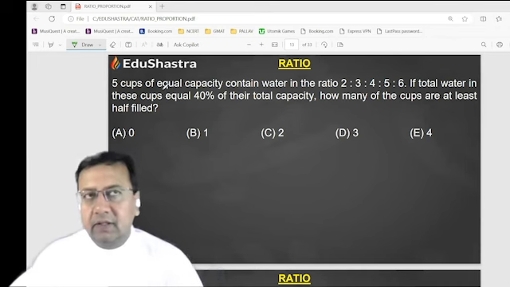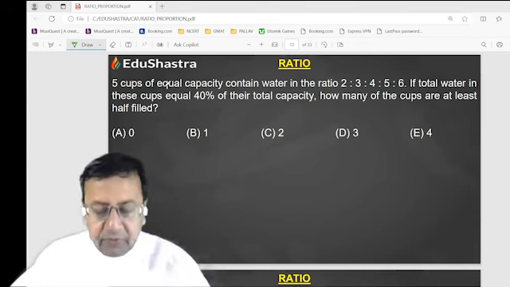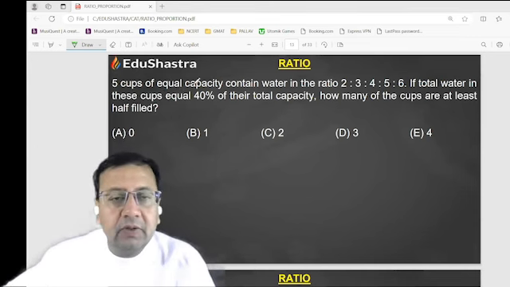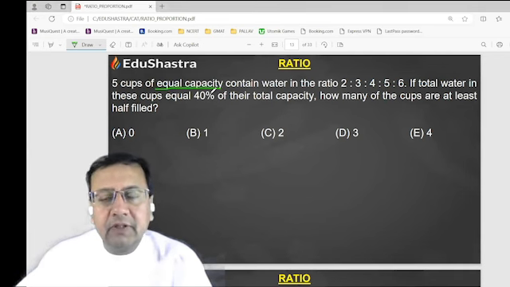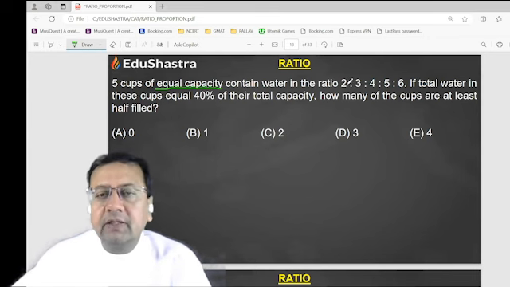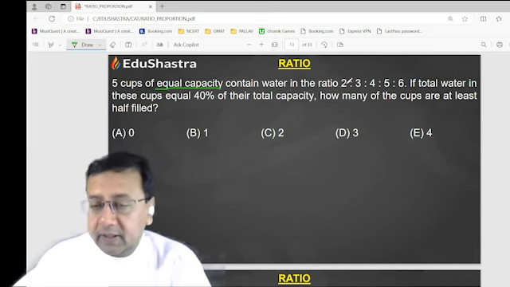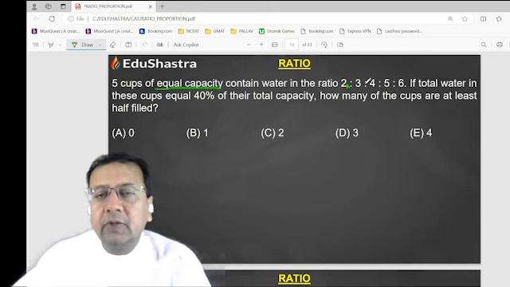So, in this we have to read the words a little carefully. This is 5 cups of equal capacity. So all the cups have the same volume. In the ratio of 2, 3, 4, 5, 6, I can see the total water in the respective cups is say 2x, 3x, 4x, 5x, and 6x, right?